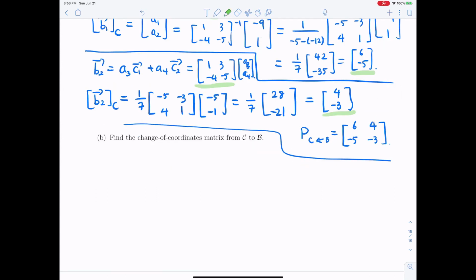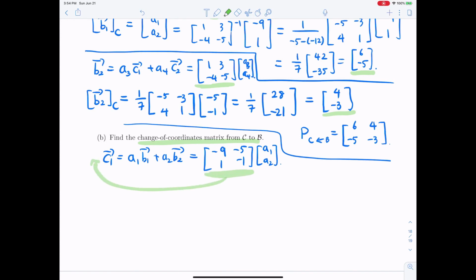Similarly, we can find the change of coordinate matrix from C to B by writing C1 and C2 as a linear combination of B1 and B2. So we have C1 equals A1 B1 plus A2 B2, where this equals the matrix [-9, -5; 1, -1] multiplied by A1 and A2. Then we can find A1 and A2 again by multiplying by the inverse matrix of this on both sides.